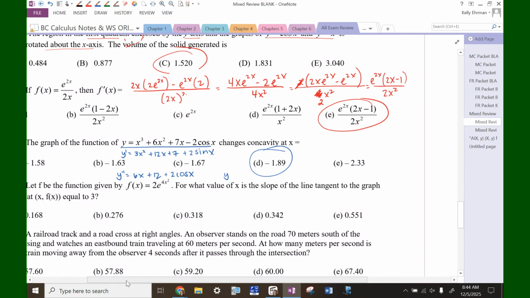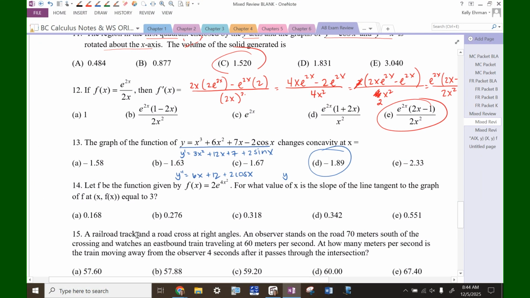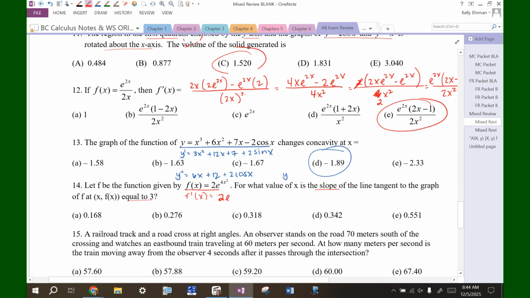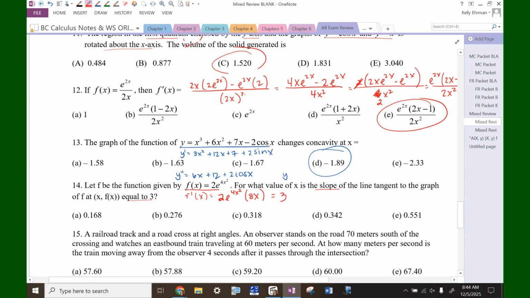We have, let f be a function given by this. For what value of x is the slope of the tangent line to the graph equal to 3? So find f prime and set it equal to 3. So the derivative of 2e to the u is 2e to the u times u prime. The derivative of 4x squared is 8x. I want to set this equal to 3 and solve.